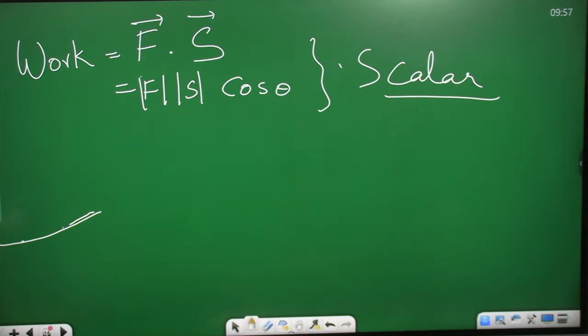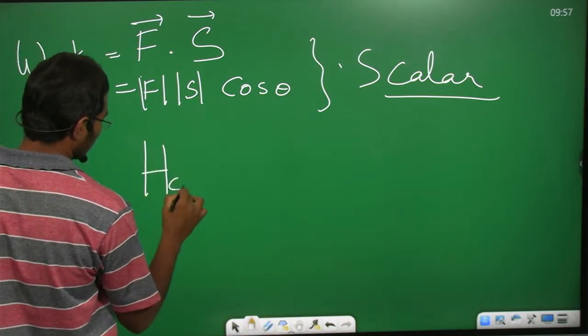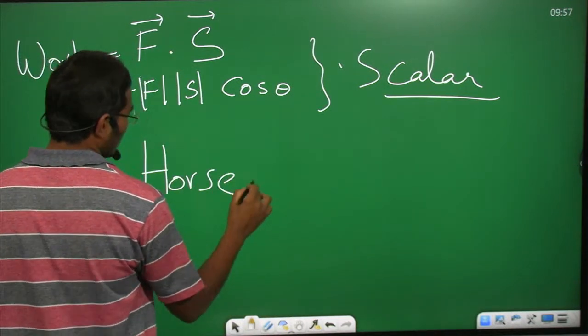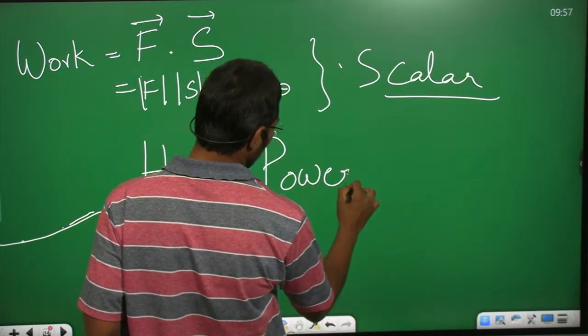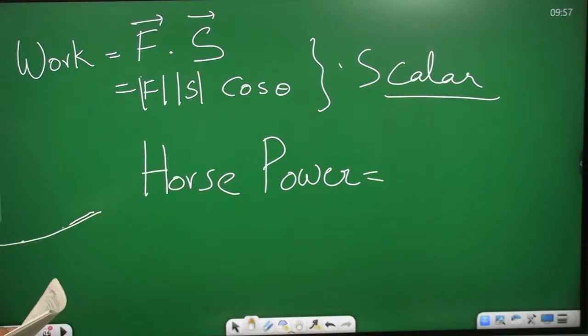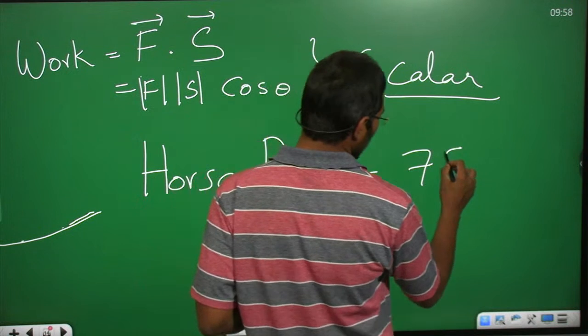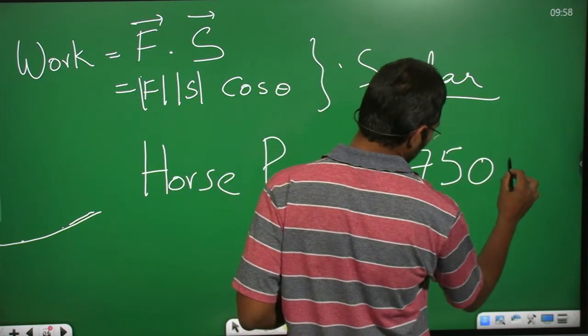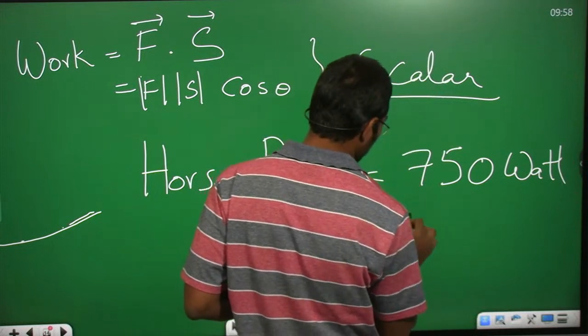So what is horsepower then? It is a unit of power, watts. You can sum it up to 750 watts, okay? If you want to be precise, it is 746.